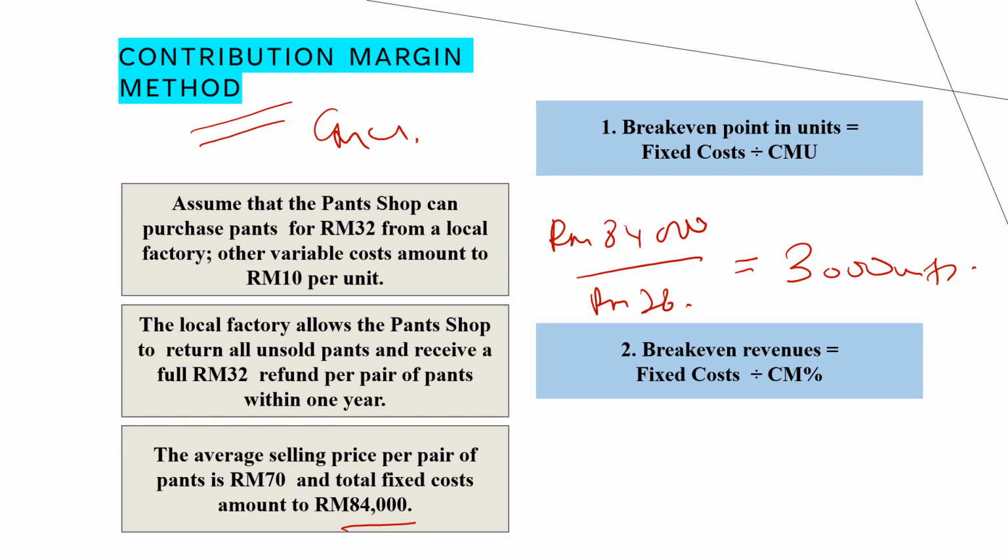Fixed cost is 84,000, divided by the contribution margin percentage. In order to get the percentage, you have to calculate 28 divided by 70 times 100, and then you get the answer. How much is it?